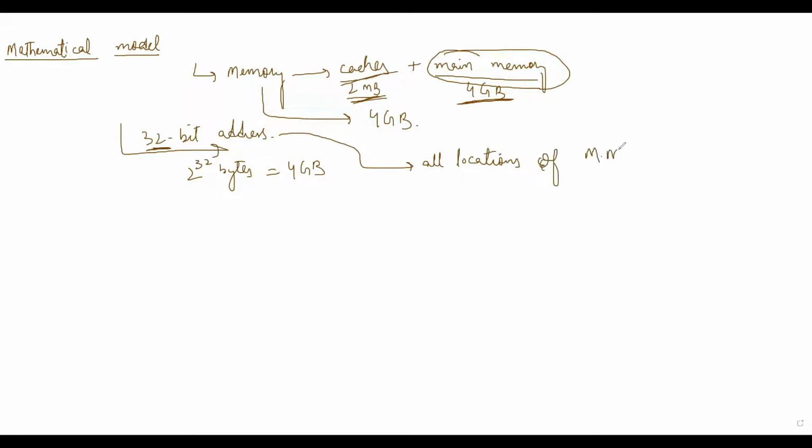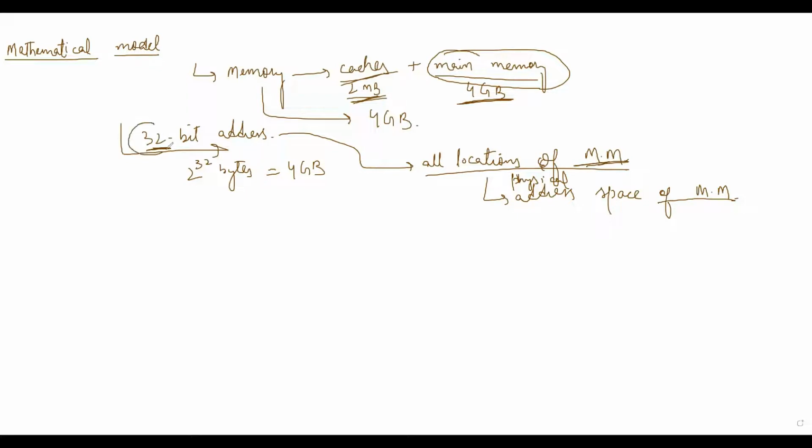All these locations of main memory make the address space of main memory. This is generally called the physical address space. Physical address space means all the locations that are there in the main memory.